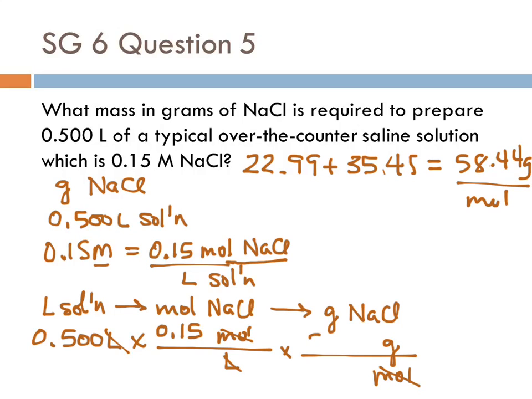So 58.44 goes in here. So we've got 0.5 times 0.15 times 58.44 equals. The calculator is saying 0.4383.